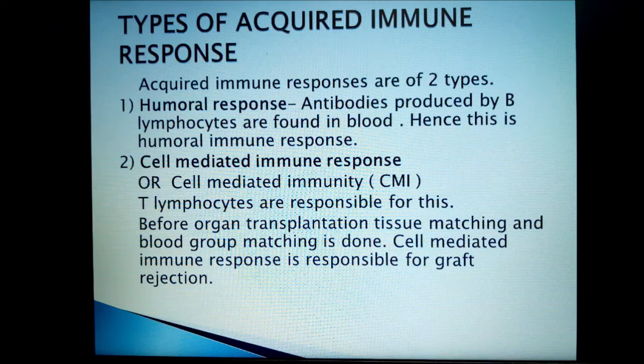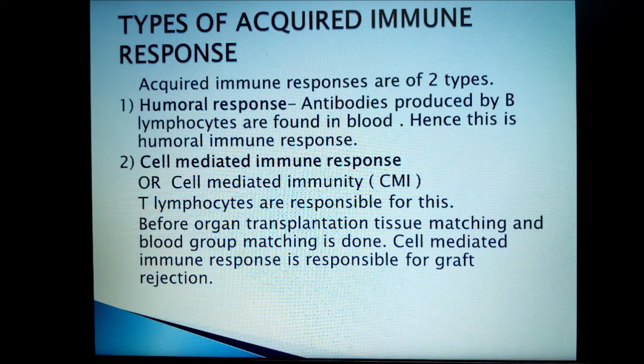Same way, on your tissues, there are certain antigens, and the matching of these antigens is important before organ transplantation. Like in blood group, if the particular type of blood group is matching, then only you can give it to the patient. Same way here, matching of these tissue antigens is important.